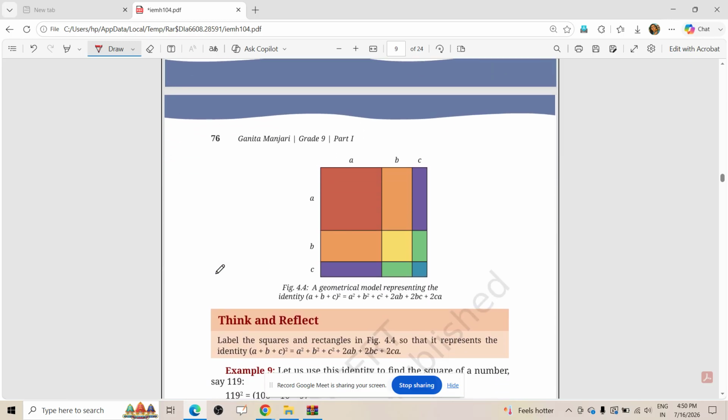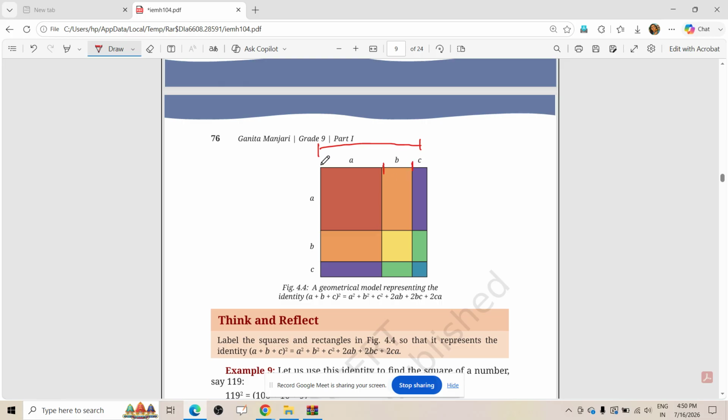See in the model how it is solved. Now we have three terms, so we will divide the whole length into three parts. Earlier we had two terms, that's why we divided the length of the whole square in two parts. Now we have three terms, that's why we will divide it in three parts.